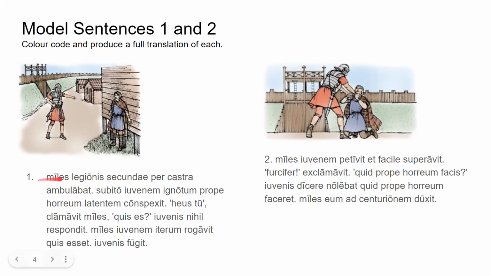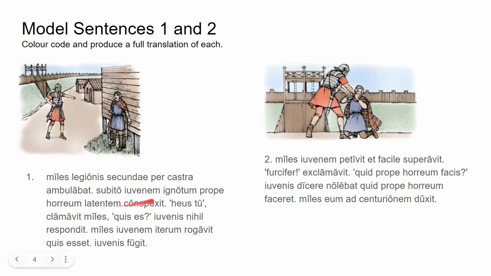Actually, this would be one soldier, pardon me. Miles could be plural or could be singular. In this case, we know from context that it is one. So a soldier of the second legion was walking through camp. Suddenly, he saw an unknown youth hiding near the granary. Also notice that we had that wonderful encircled word order.